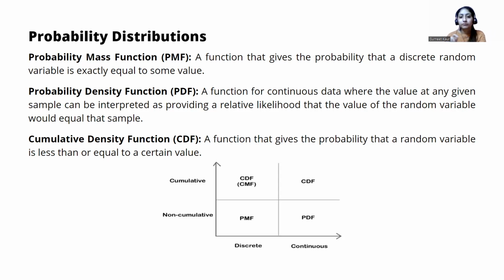Now if F is equal to 0.8, then there is an 80% chance that a person selected at random will be shorter than 180 centimeters, and the remaining 20% will be taller than 180 centimeters, right? So this is what the probability mass function, density function, and cumulative distribution function are.